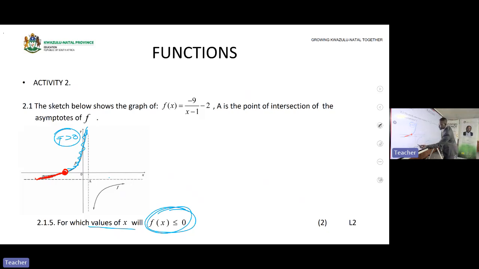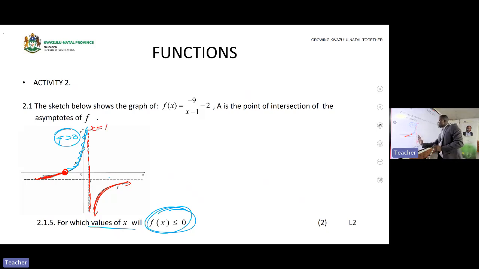And here, when you read your graph from this point, you can see that the graph is also below the x-axis. So even in this region, our graph is below the x-axis. And we know the equation of the asymptote here is x equals 1.